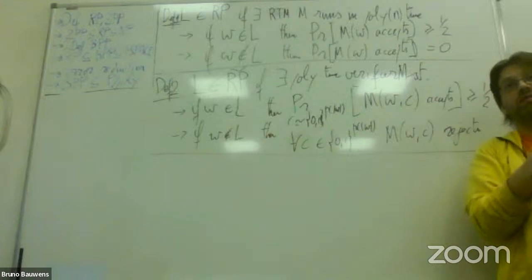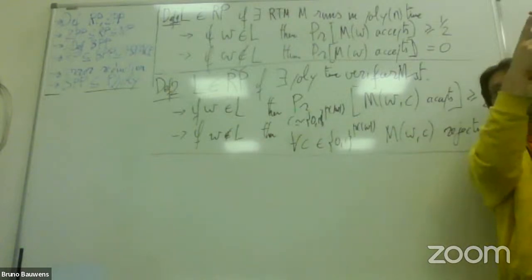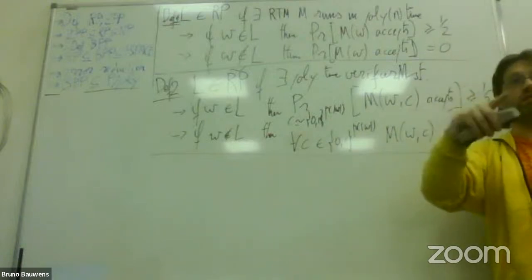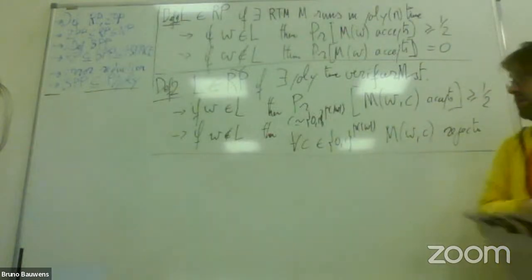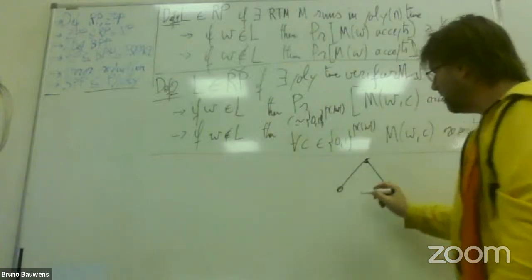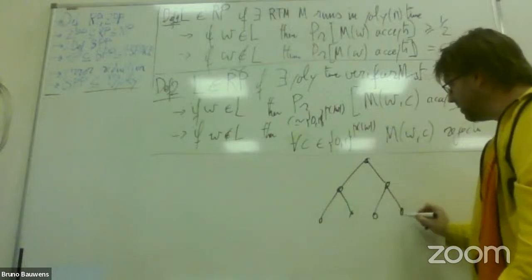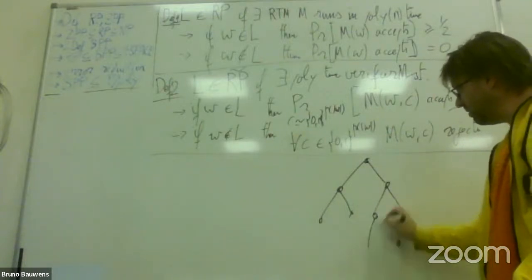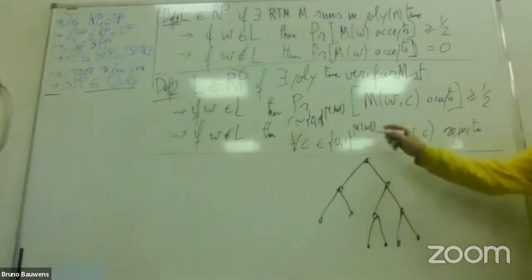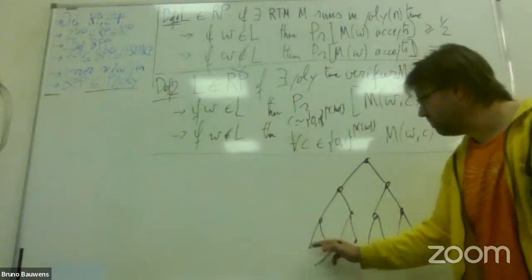If it makes, say, 2000 computation steps, all the possible choices can be represented in a tree. There is the first computation step, the second one, and so on. After the computation finishes, we have a certain number of leaves.